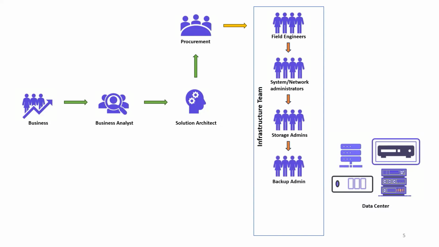Backup admins will take care of the backup of the entire storage. Finally, once everything is set up as per the standards, it will be handed over to the application team. The application team will deploy the application on top of this ready-made infrastructure.